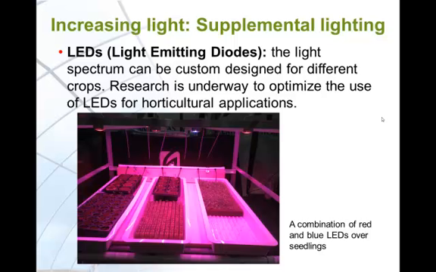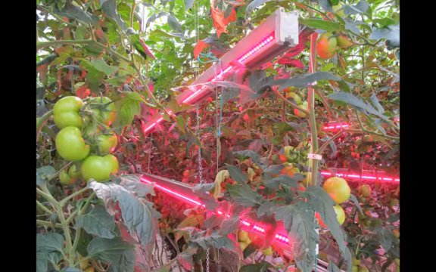Because of this flexibility, there is lots of potential for application in horticulture, and currently many research programs are working to optimize the use of LEDs for horticultural application. And this picture is showing the use of red and blue LEDs over seedlings. Red light is selected because of its high efficiency to drive photosynthesis, and blue light is selected because of the need for maintaining morphology of the plants.